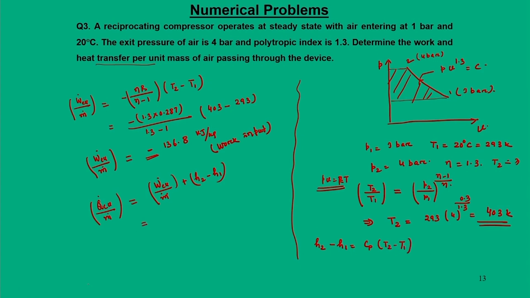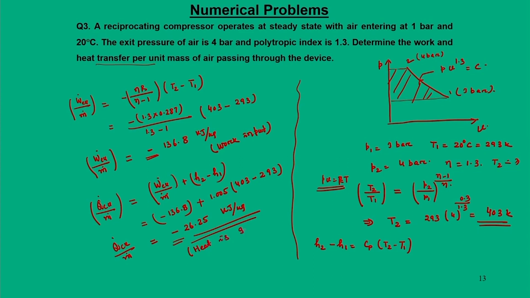So, by putting this number, we have already found minus 136.8 plus 1.005 into T2 minus T1, 403 minus 293. If you simplify this, Q dot Cv by m dot is minus 26.25 kilojoule per kg.